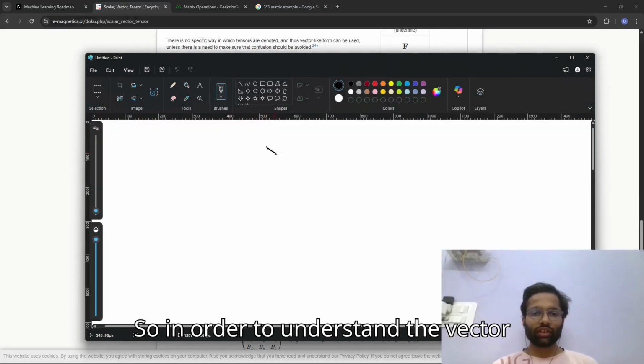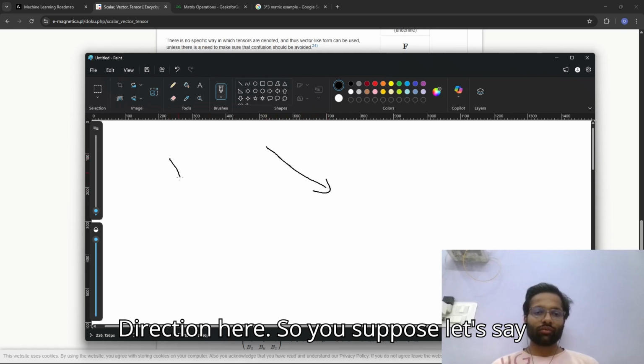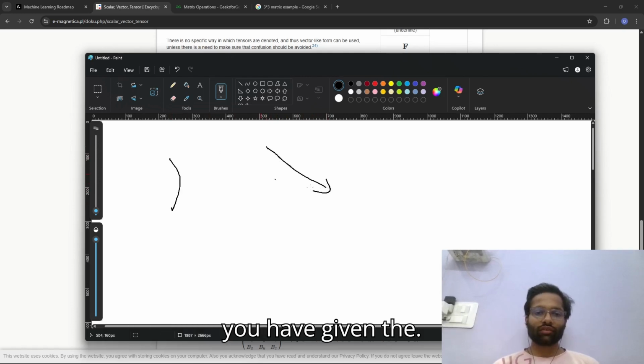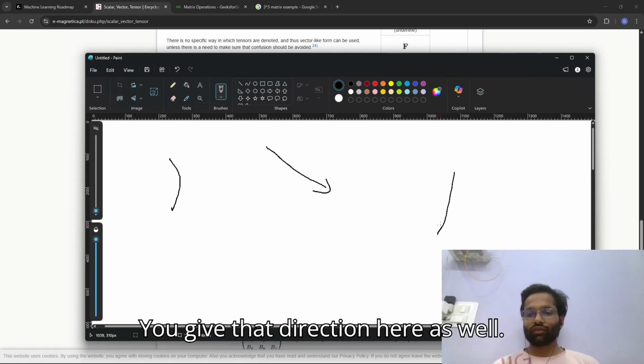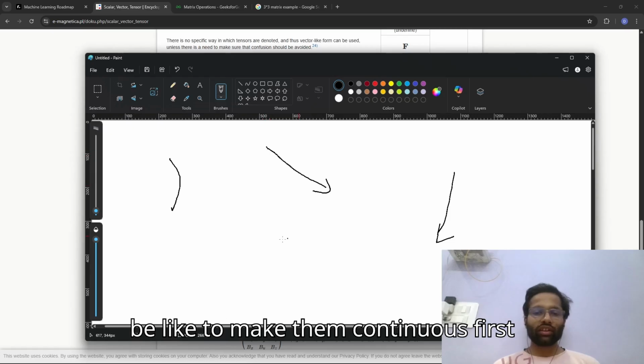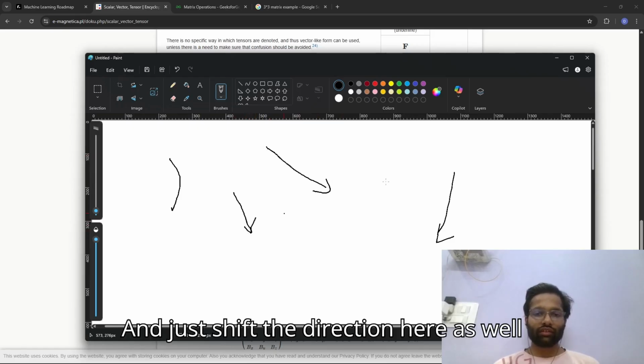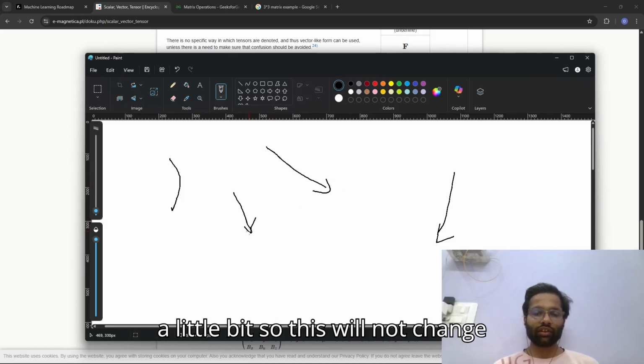So in order to understand vector addition, let's suppose you have one direction here, and you have given the direction here as well. The addition of these directions will be: make them continuous first of all. Just shift the direction here a little bit.